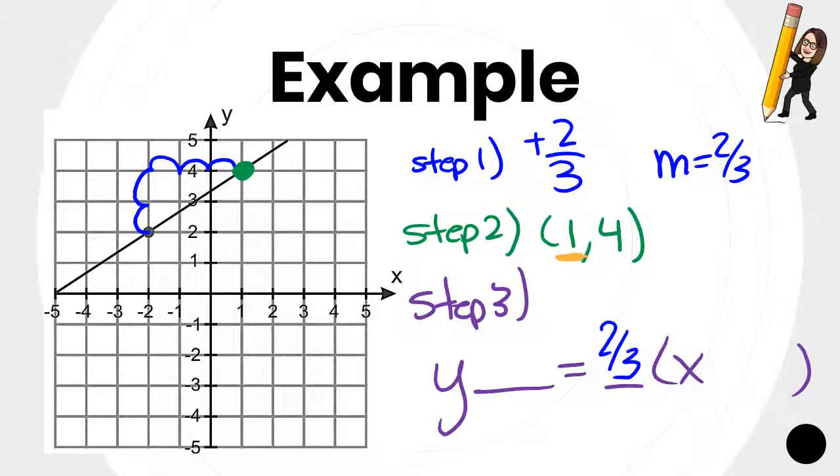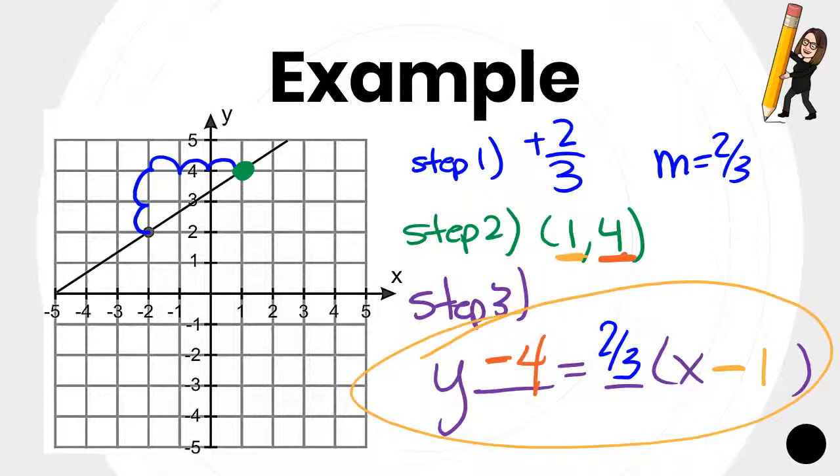Well, the x number from my point. But remember the rule of changing signs. Instead of +1, it's going to be a -1. Then my y value is 4. It's going to go with the y. But instead of +4, make it a -4. You've got to change the signs. We just created our point-slope formula.